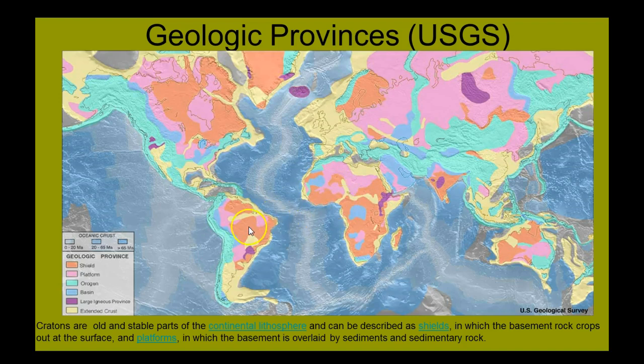This process of seafloor spreading has opened up and continues to open up the divide between the continents. That also tells us that this area of ancient shield rock was once connected to Africa, as was this area known as the Brazilian highlands, connected to the more southerly parts of the continent.